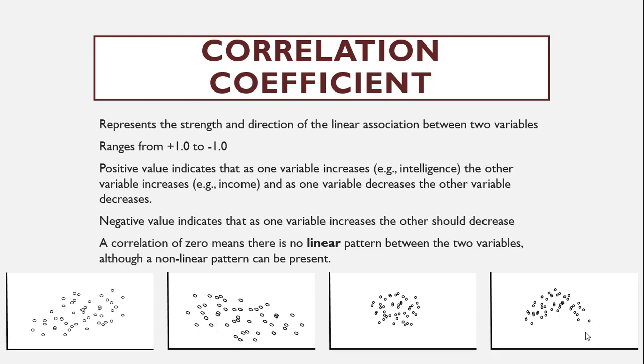So at the bottom here, on the left-hand side, we see a scatter plot with a positive correlation. So as we move up on the x-axis, we see that the y-axis scores also increase. On the second scatter plot, we see that as we move up on the x-axis, scores on the y-axis tend to decrease. So that one's going to be negative.